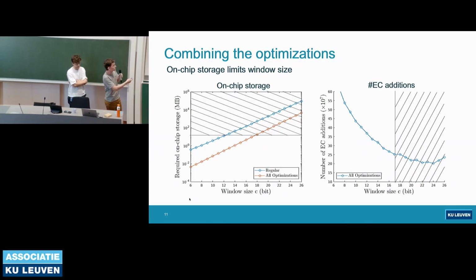Moreover, as you saw, the curve now only takes this exponential behavior for larger window sizes because this aggregation step throughout the optimizations has become cheaper.